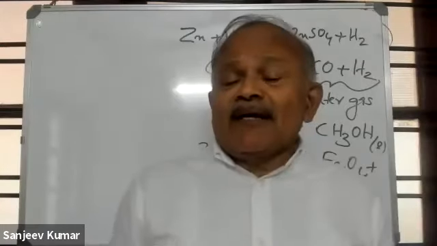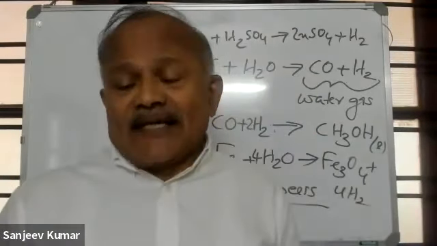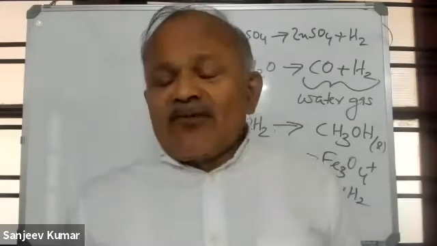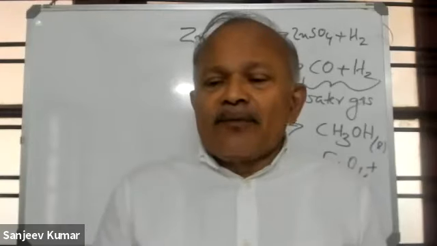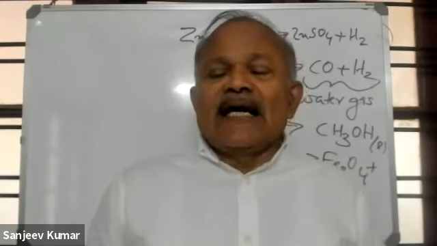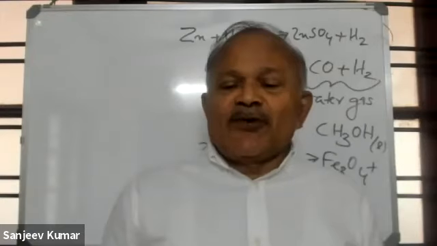Another method of manufacture of hydrogen is electrolysis of water. Usually water will not conduct electricity, therefore acidified water or basified water is electrolyzed, and you will get hydrogen at the cathode. And these are the various methods of manufacture of hydrogen.